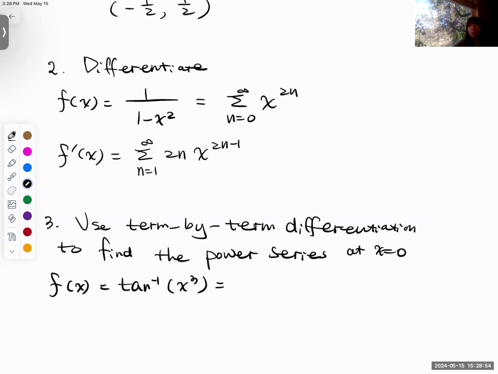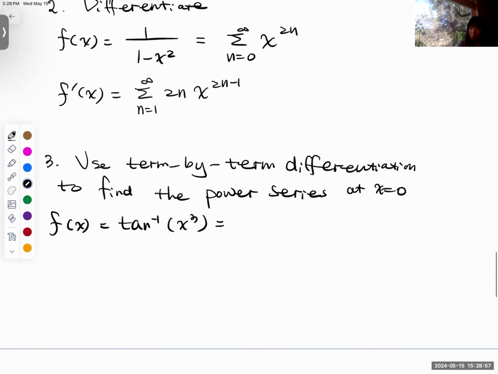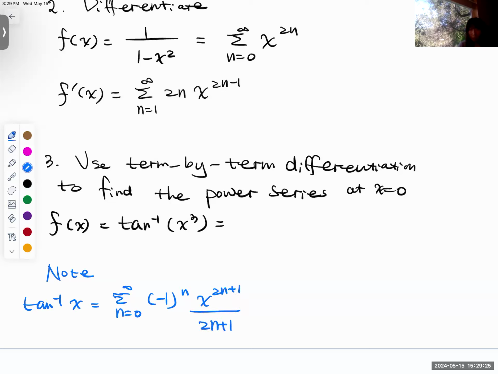So we have inverse tangent of x. The power series is the summation n equal to 0 to positive infinity of negative 1 to the n, times x to the 2n plus 1 over 2n plus 1, right? I explained everything before.